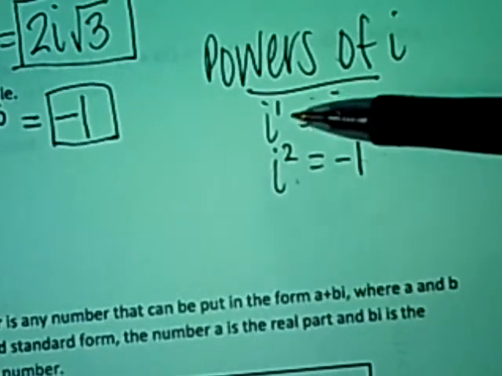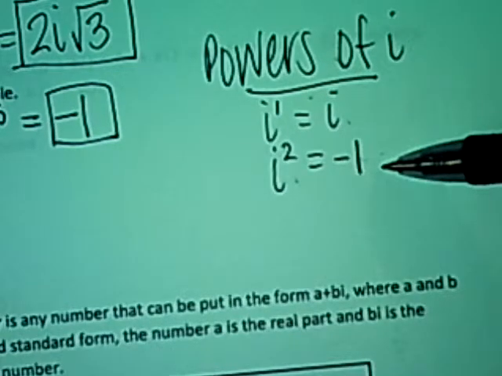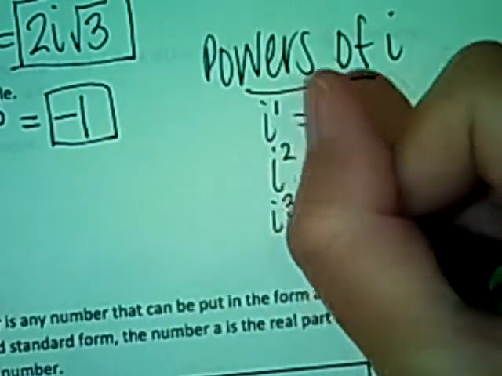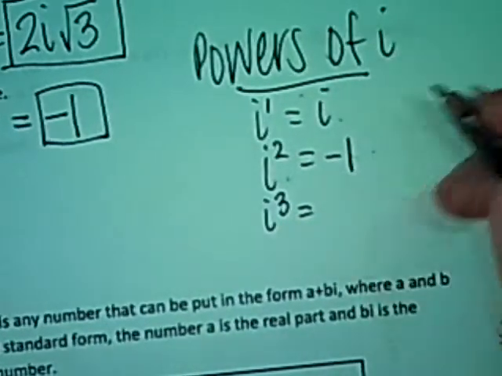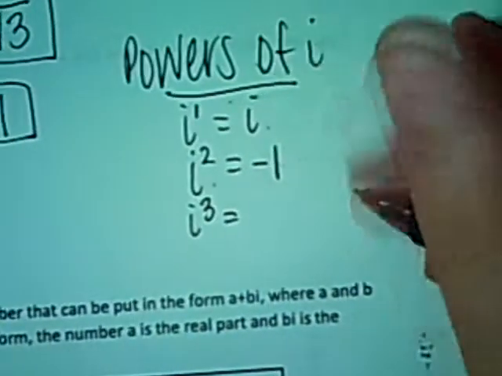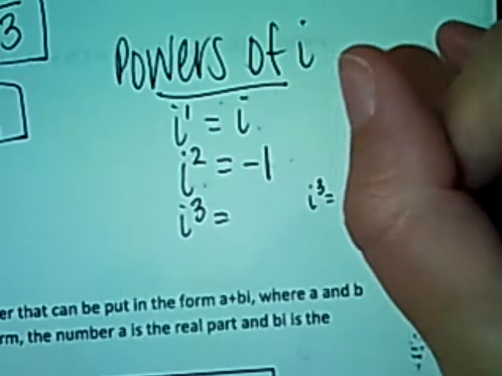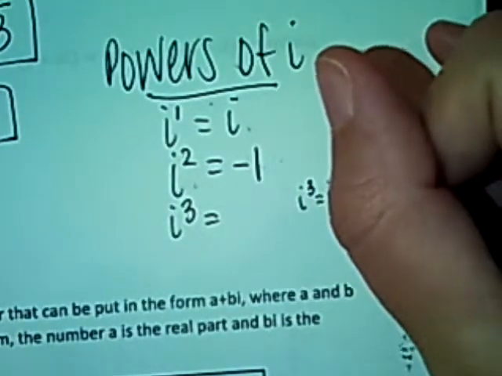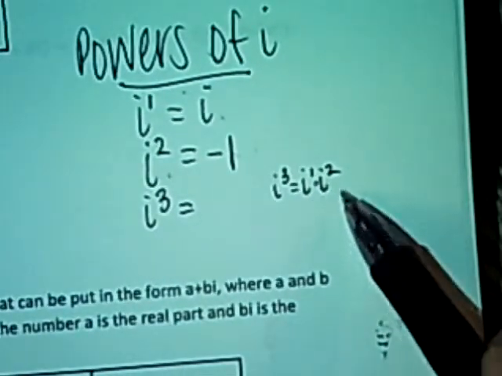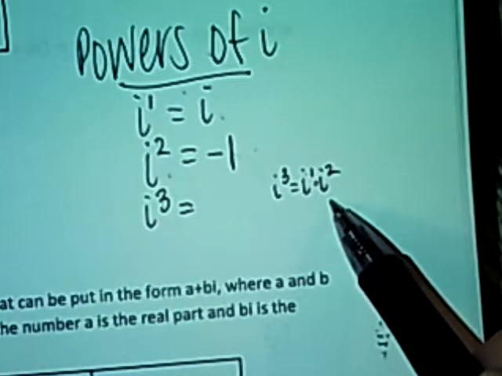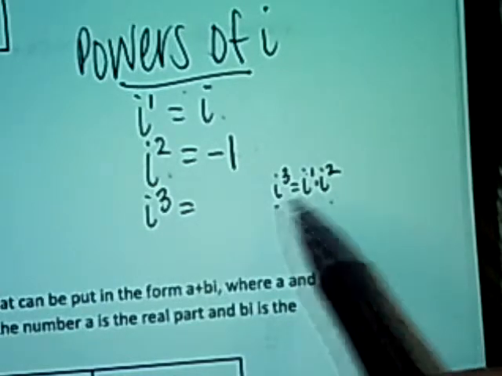So basically, i to the first is always going to be i, i to the second is going to be -1, and i to the third you can create by using i to the first and i to the second. Let me do that off to the side. I can rewrite i to the third as i to the first times i to the second, because when you have the same base, you add the exponents. 1 plus 2 gives me i to the third, so these are equivalent.